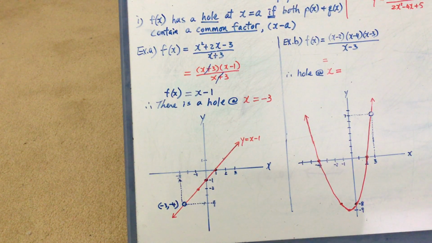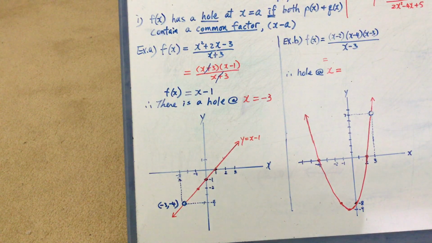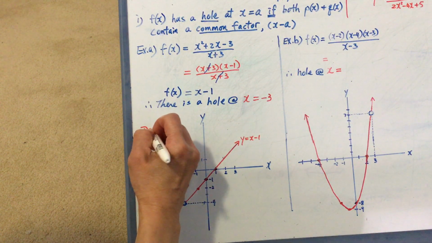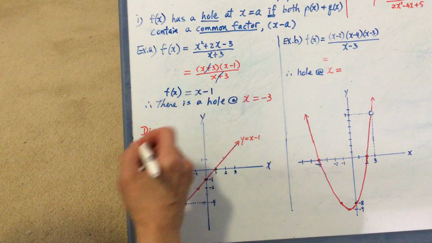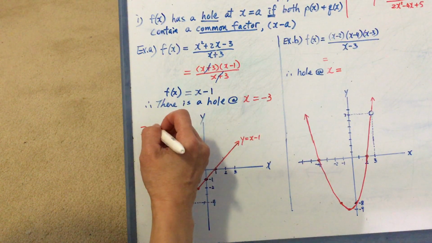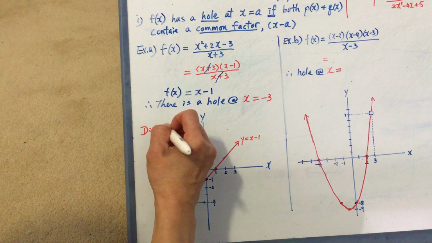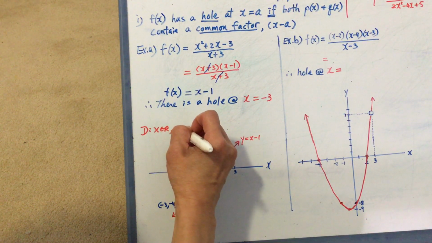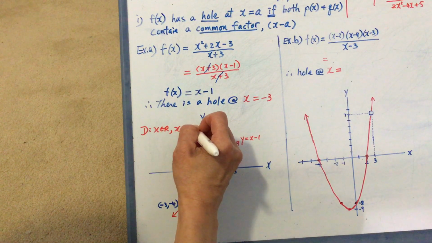So you still get a line, y is equal to x minus 1. But in order to determine the domain for this line, x minus 1, is no longer the reals. Well, you start with the reals, but you will say x does not equal negative 3.